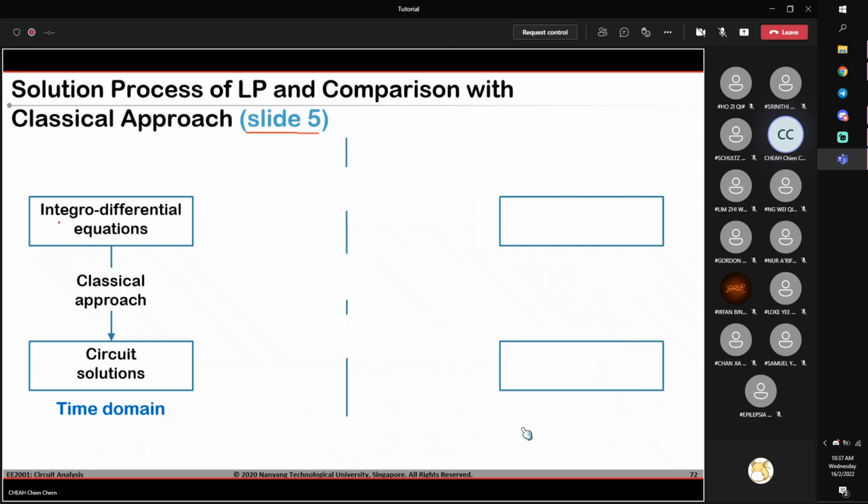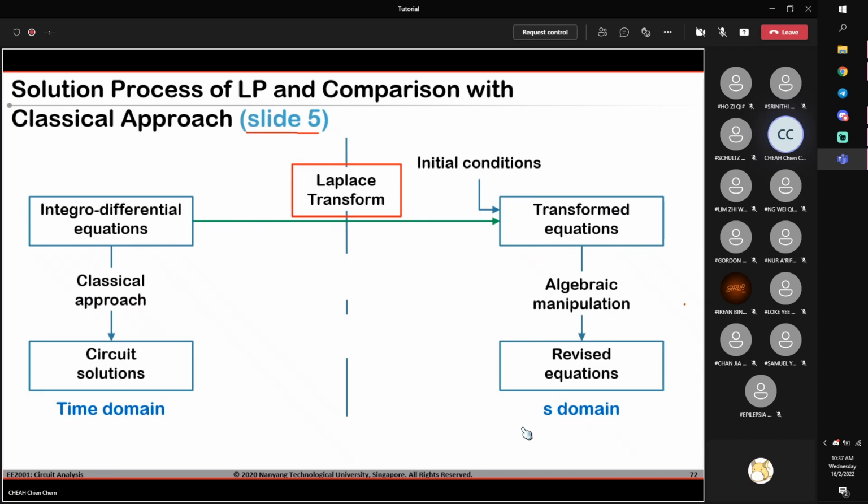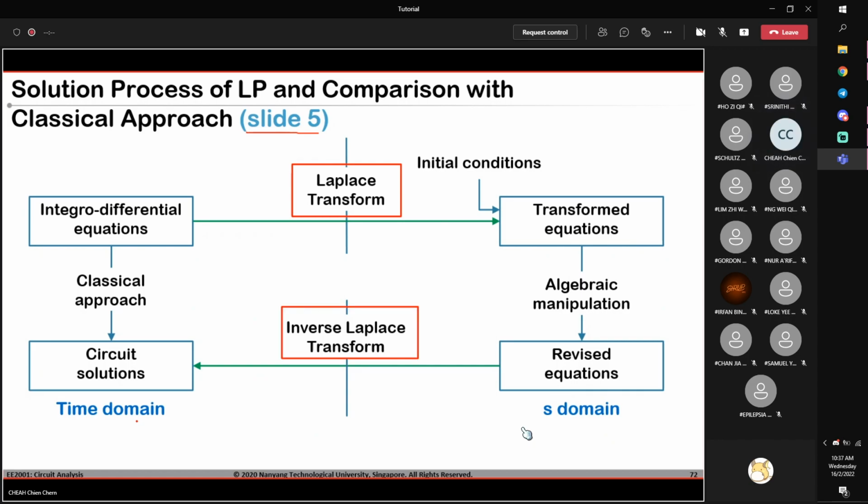Integration can be done, but here we focus on the differential equation. We take Laplace transformations to get algebraic equations in the Laplace domain, impose the initial conditions, then do algebraic manipulations. We get the solutions or revised equations in the Laplace domain. Then take the inverse Laplace transformation, and you get back your solution in the time domain. So this is a key idea.